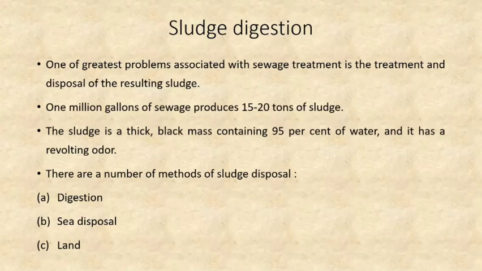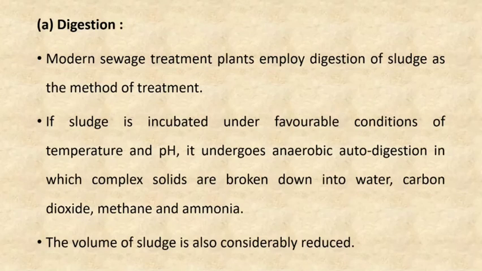The sludge is a thick, black mass containing 95% water and it has a revolting odor. There are a number of methods used for sludge disposal, like digestion of sludge, sea disposal and land disposal. So the first one is digestion.